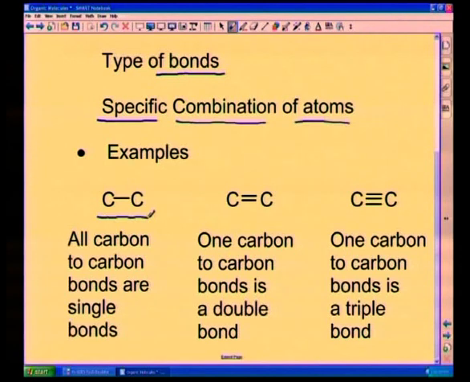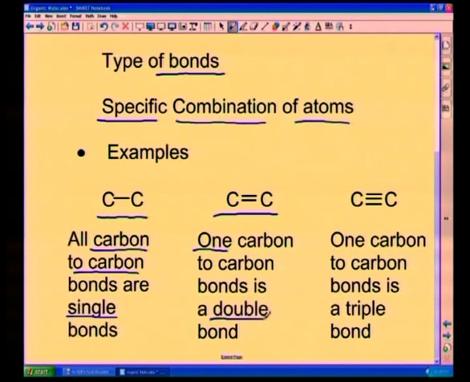An example of such a thing is when you have the carbon-to-carbon bonds being single bonds. This becomes a functional group for a specific type of hydrocarbons. In this case, all carbon-to-carbon bonds are single bonds, just one bond between carbon atoms. The second one could be a situation where you have a double bond between carbon atoms. If you have one double bond between carbon atoms in that molecule, the organic molecule belongs to a particular functional group, and I'm going to explain it further as we move on.